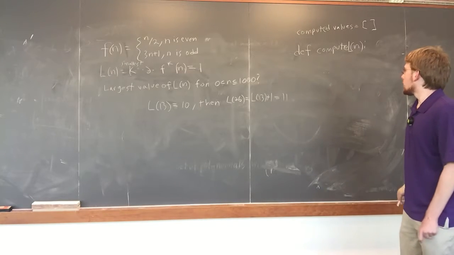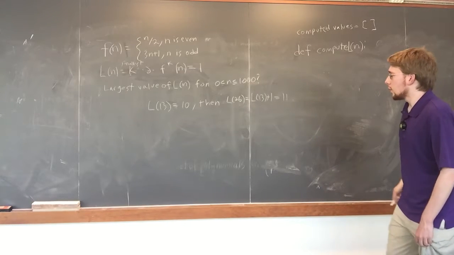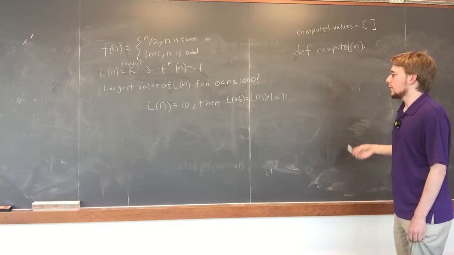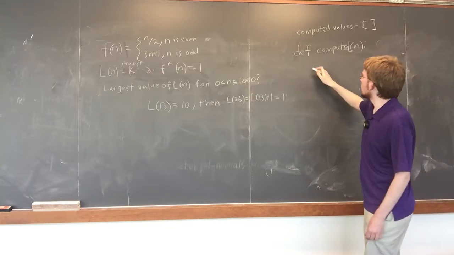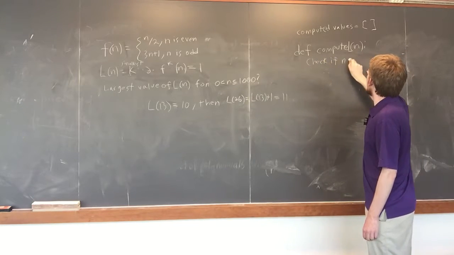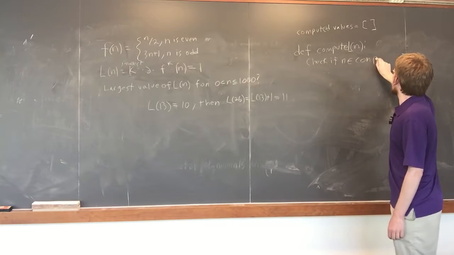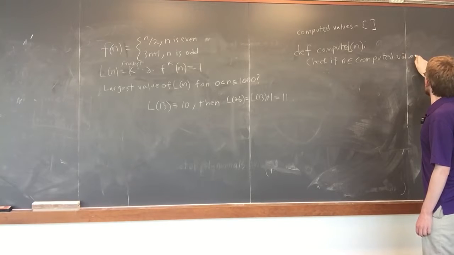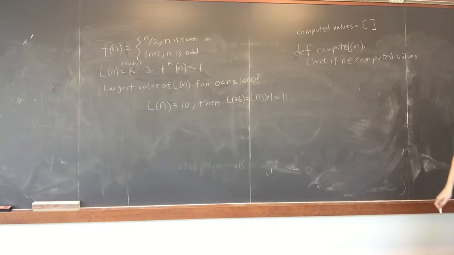So what we can do is, if we've already computed, well, L of 1 is 1. If we're at L of 2, then the first thing we'll do is check if n is in our array. It doesn't really matter.